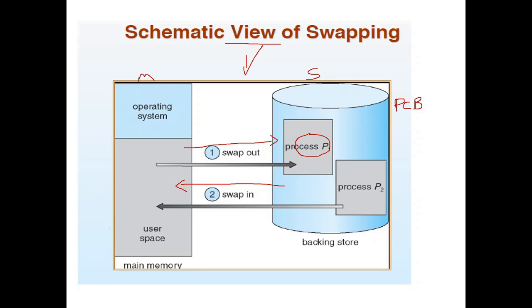Then it is loaded again into the main memory when there is space, or when the high priority process has finished its execution, so it is brought back for the remaining execution. That information is fetched from the PCB, showing where it stopped and how much it still has to execute, and then it resumes its execution. So this is the swapping technique.